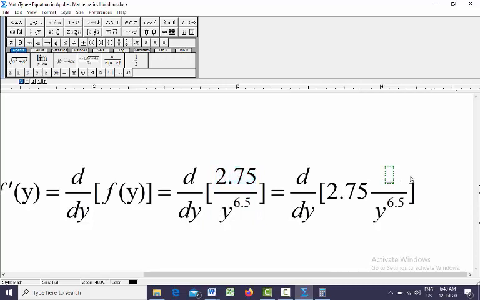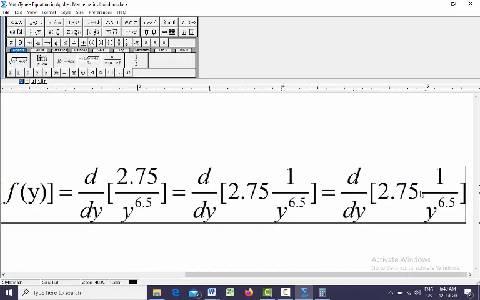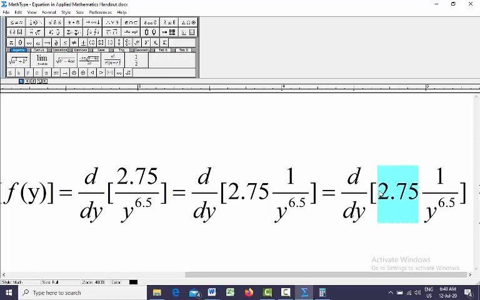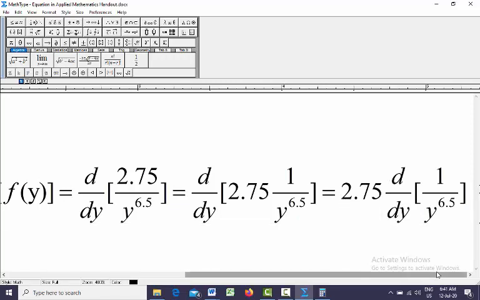Since we do not have anything there, we will put a 1 there. So this 2.75 is in multiplication with the variable. That means this 2.75 is the coefficient, so it has to come out.